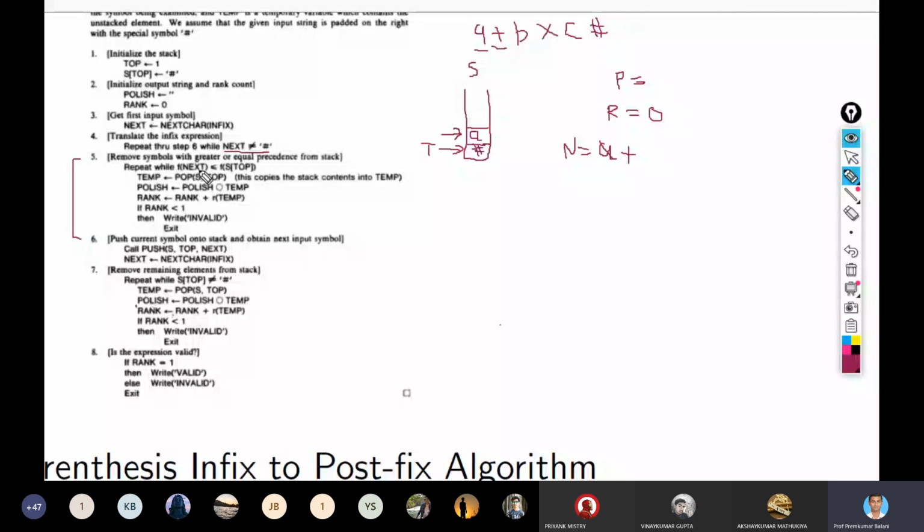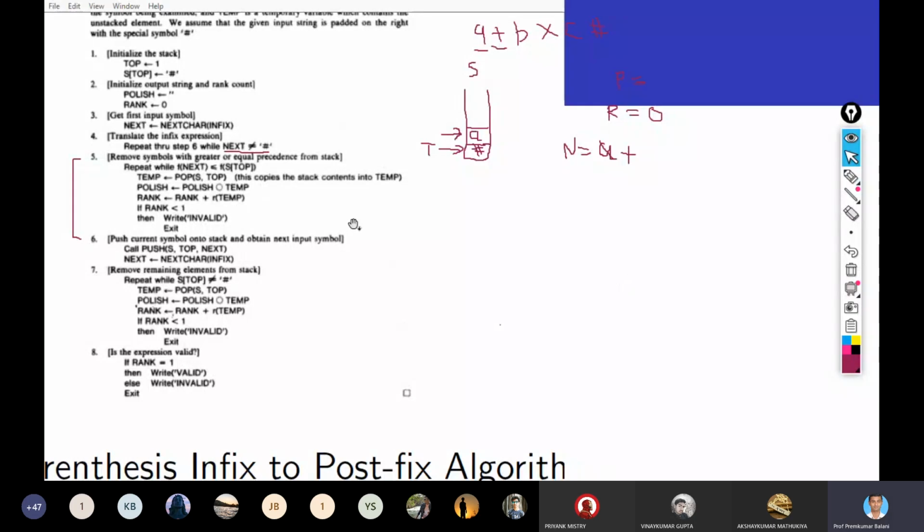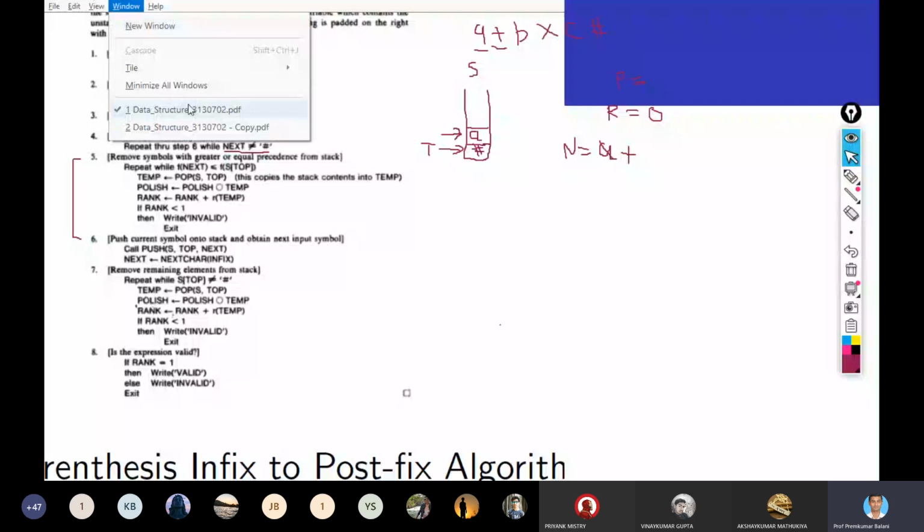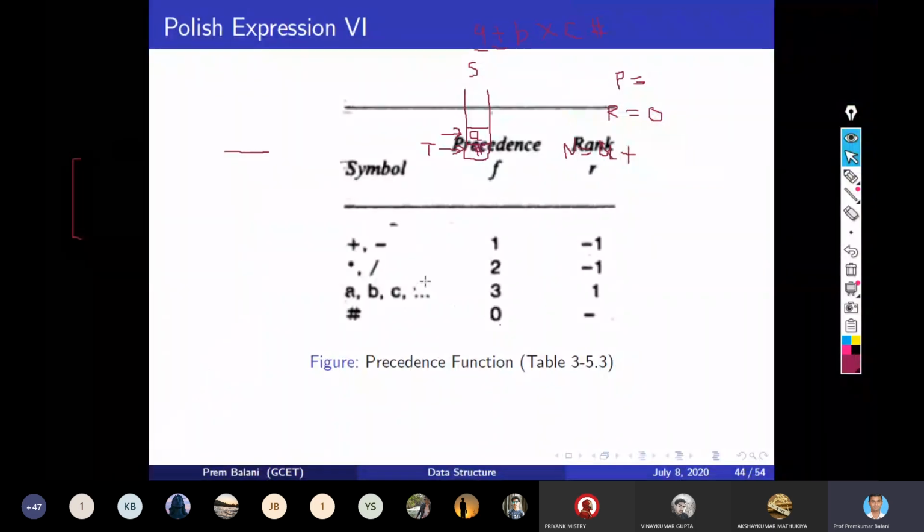Repeat while f of next is, now what is f of next? Here it is plus. What was the value of f of plus, 1 or 2? 1. Multiplication and division have 2, right? Plus and minus have 1, multiplication and division 2, and operands 3 and hash 0.